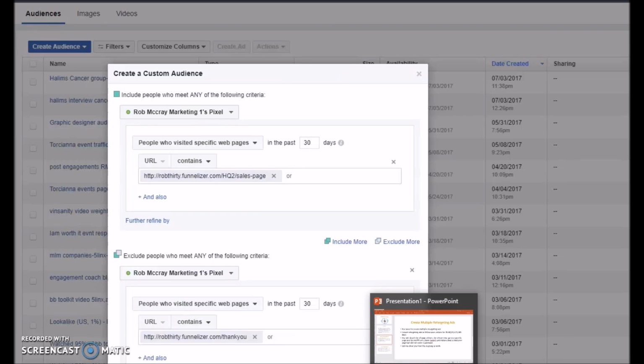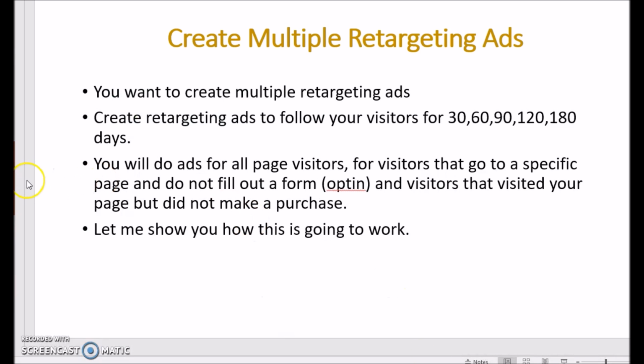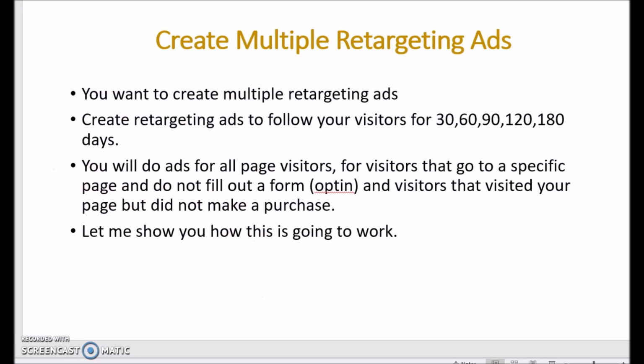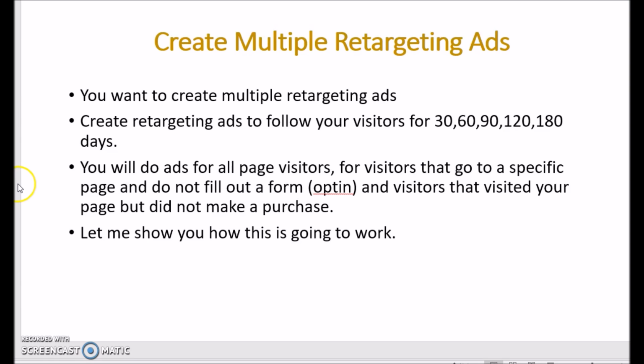All right, so let's go back over to my slides. Okay, so let's just do a little recap here. So we created multiple retargeting ads, retargeting visitors who are going to be landing on your web pages for the next 30, 60, 90, 120, and 180 days.